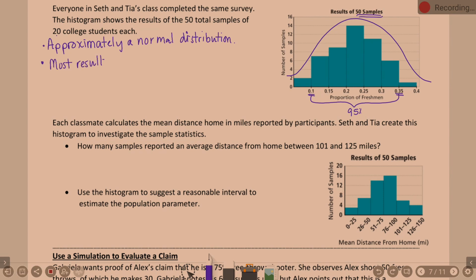Most results fall between 0.1 and 0.35, so we can expect the proportion of freshmen to be in that range.